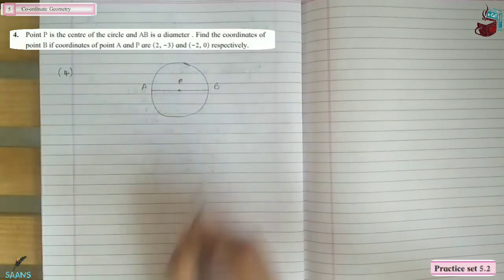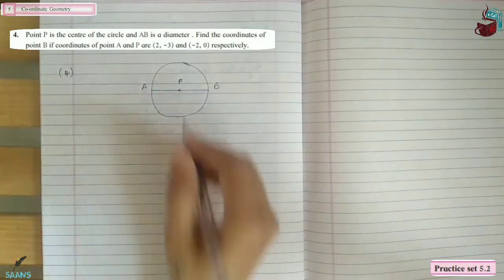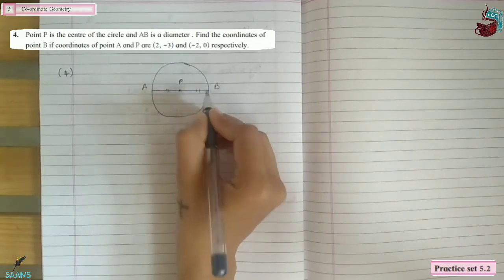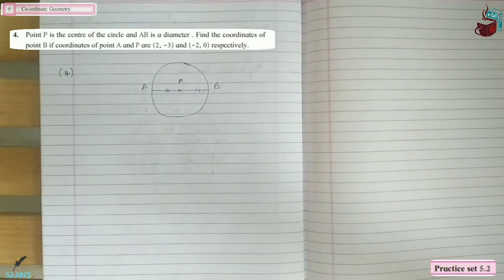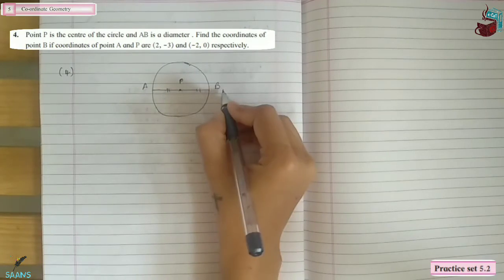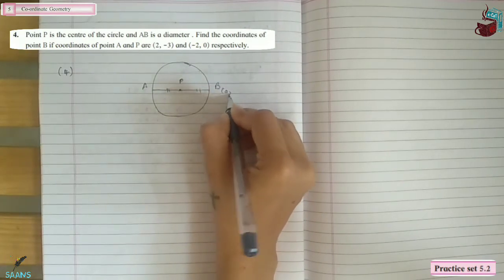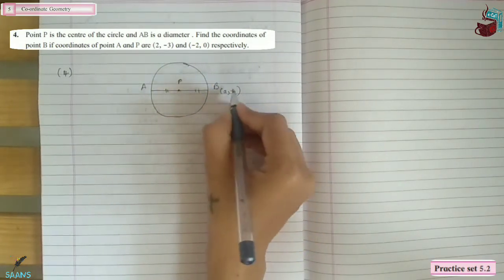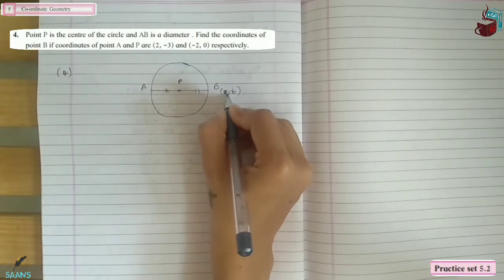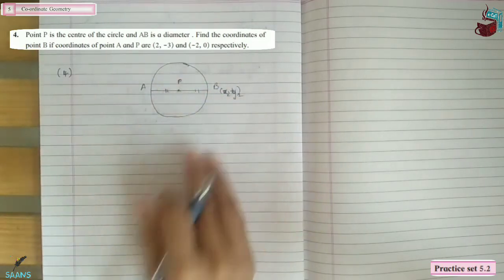Simple as it is, this becomes your midpoint formula. Now they're saying find the coordinates of B. We don't know the coordinates of B, so this will be x2 and this will be y2. Do not take anything else.